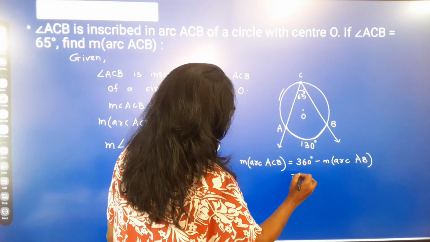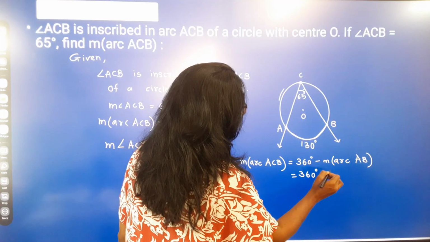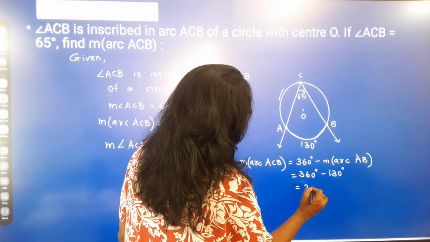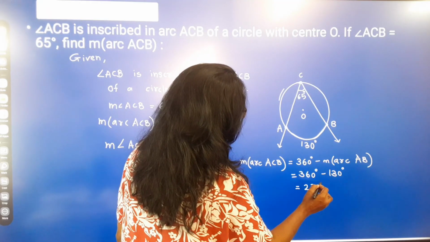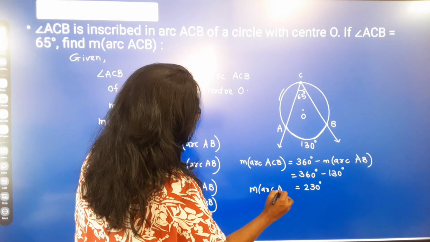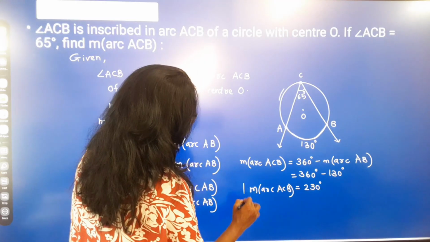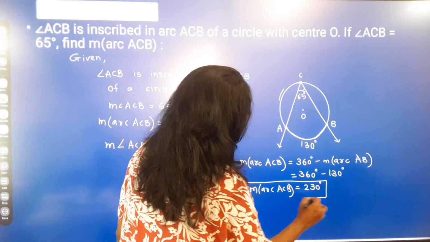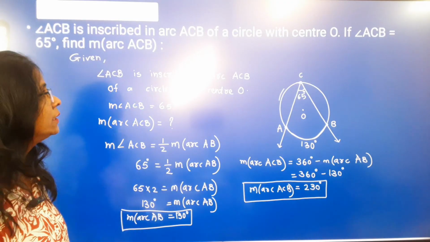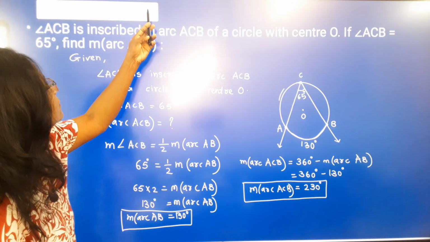Then here students 360 degree minus 130 degree. So here 230 degree. Okay. So here major arc ACB is equal to 230 degree. Okay. In such a way you can calculate the arc in the given figure.